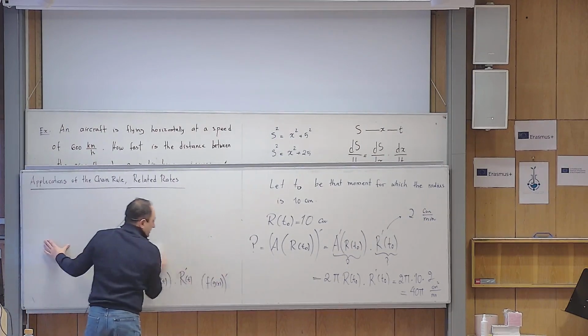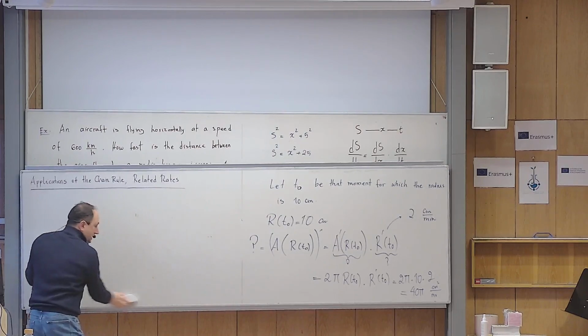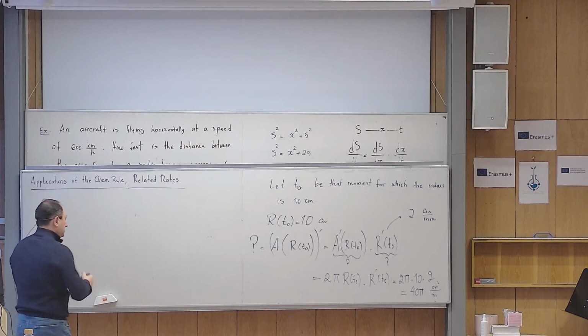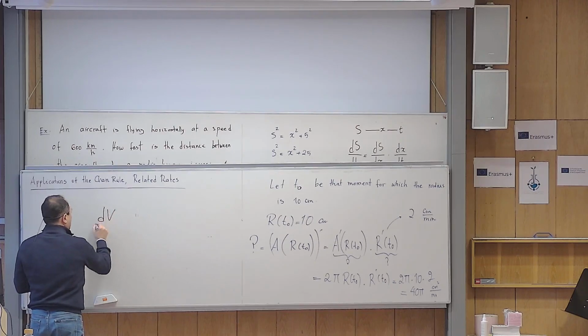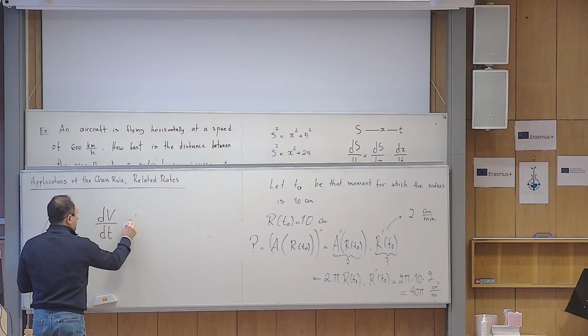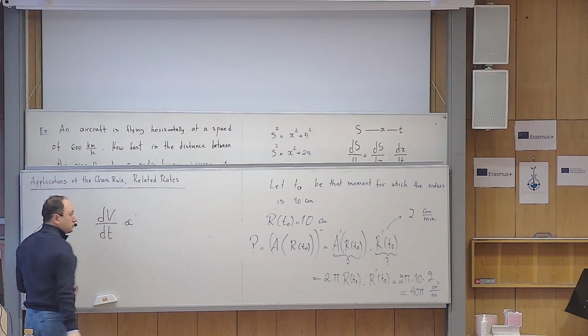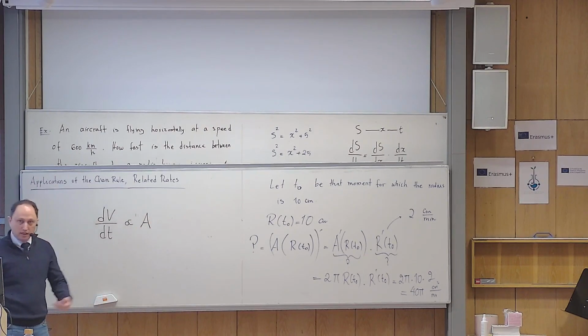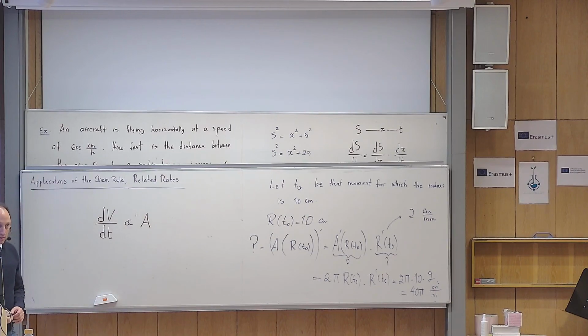The rate at which the volume is changing over time, meaning dV/dt, is proportional to the area. That is what they are saying in words. But what is the meaning of this?